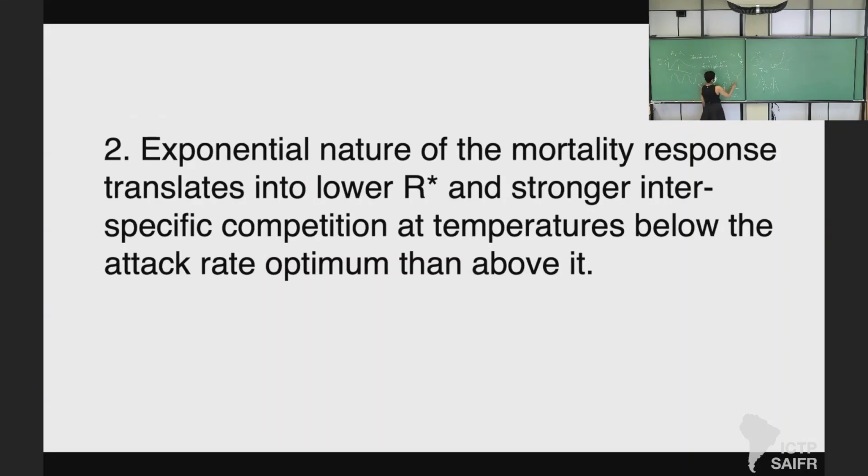Let's say the attack rate optimum is here. Competition is stronger below it than above it because this is asymmetric. Okay? This is why cold adapted species are stronger interspecific competitors, and that comes from the empirically observed temperature responses.